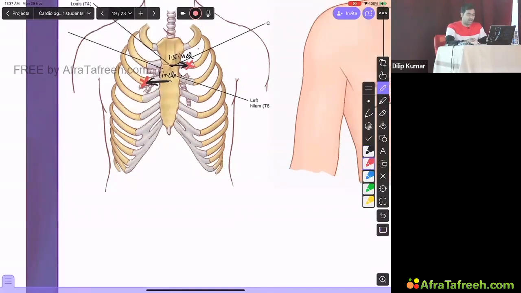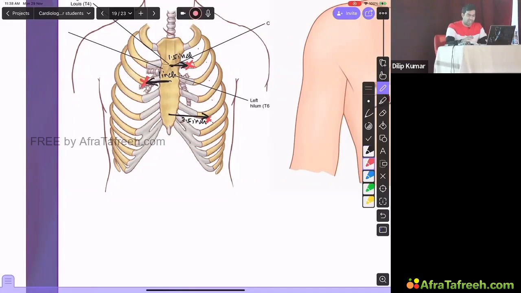This is 1, 2, 3, 4, 5. So this is the fifth intercostal space. You take a 3.5 inch cutoff here from the midline and draw another point in the fifth intercostal space, approximately 3.5 inch.